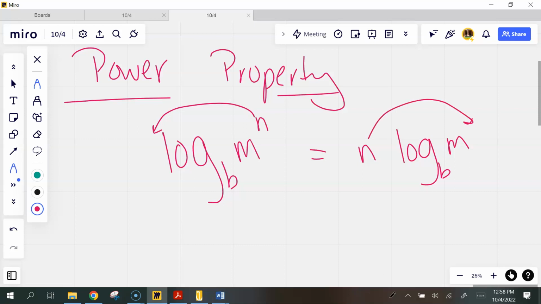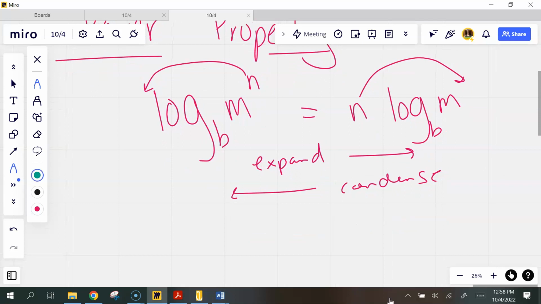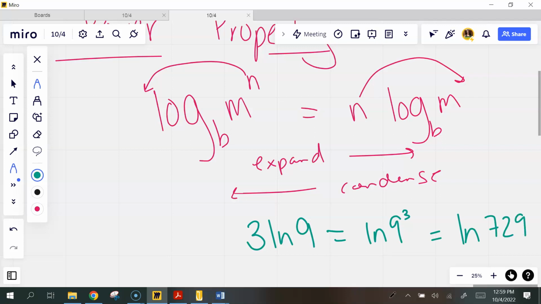Okay, we'll look at it. All right, expand. Of course, same thing. Expand, condense. So I have 3 log 9 that I am asked to condense. That'd be 9 to the third. It'd be natural log 9 to the third. And I could even take this further and say 9 to the third is, that's right, power property.